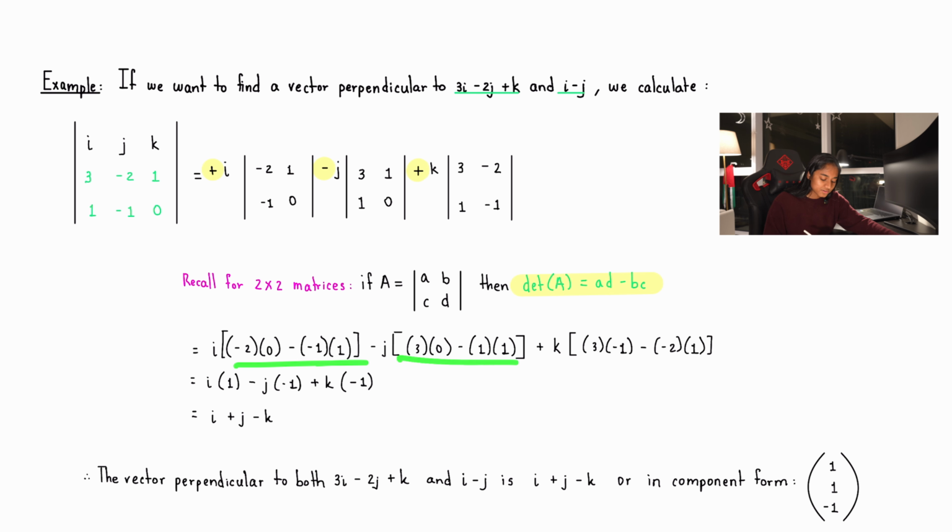We simplify all of these to get i multiplied by 1, minus j multiplied by minus 1, plus k multiplied by minus 1. So in the end, the vector perpendicular to both 3i minus 2j plus k and i minus j is i plus j minus k, and in component form 1, 1, minus 1. And that's how we find it.